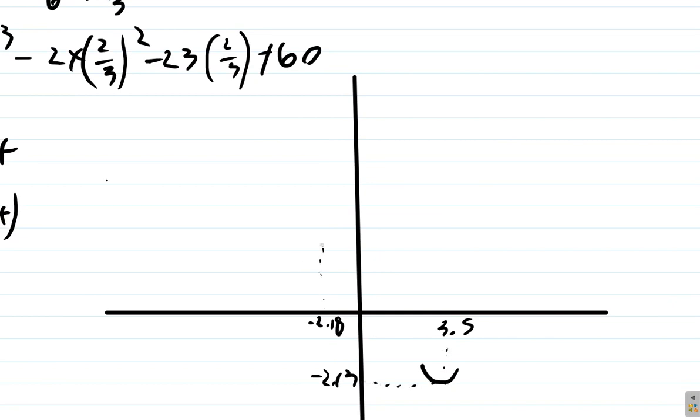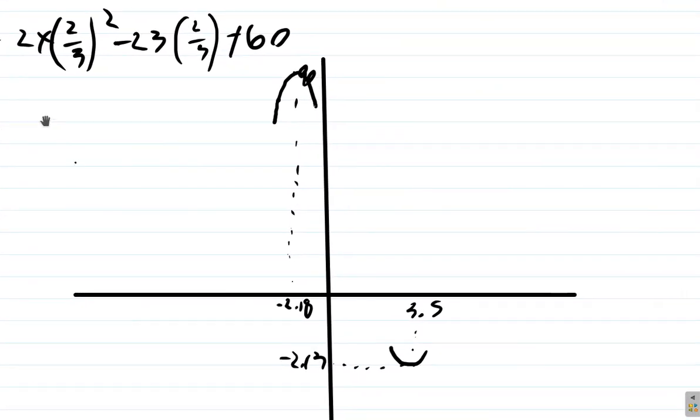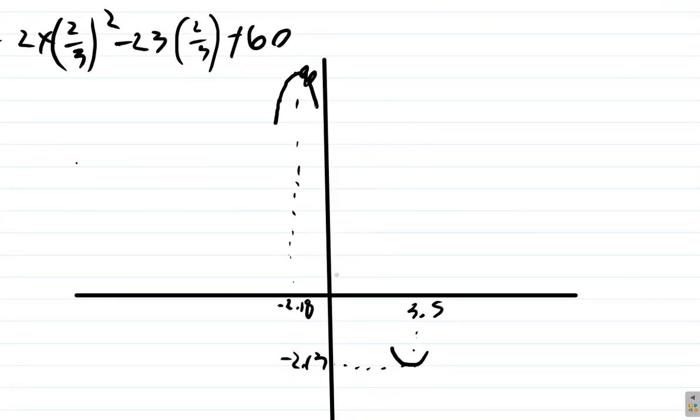Negative 2.18 and go all the way up to 90 is a maximum point. And the point of inflection is at 2/3, 44. So you say 2/3 right here and 44. So you identify the point of inflection somewhere there. All right.